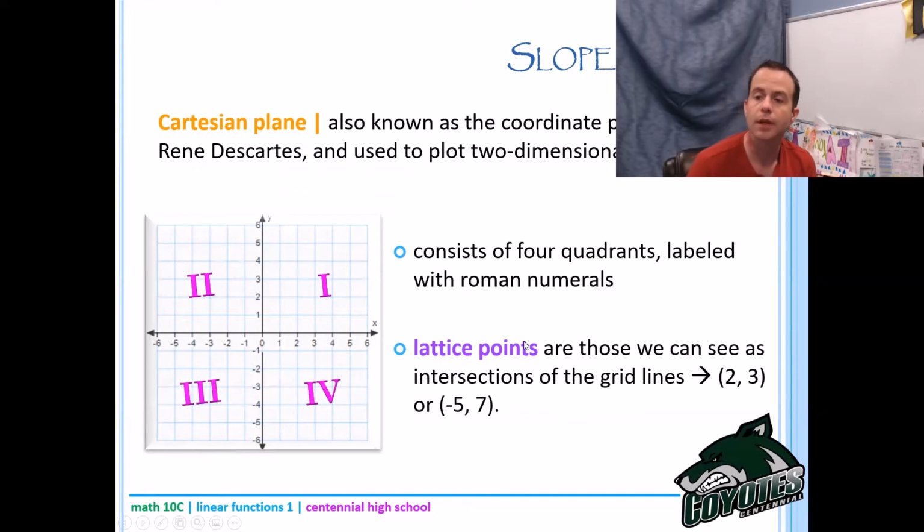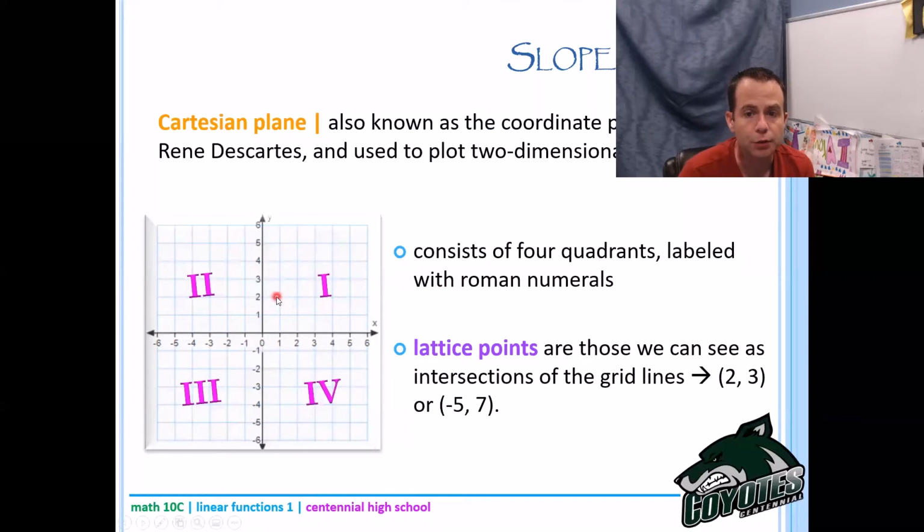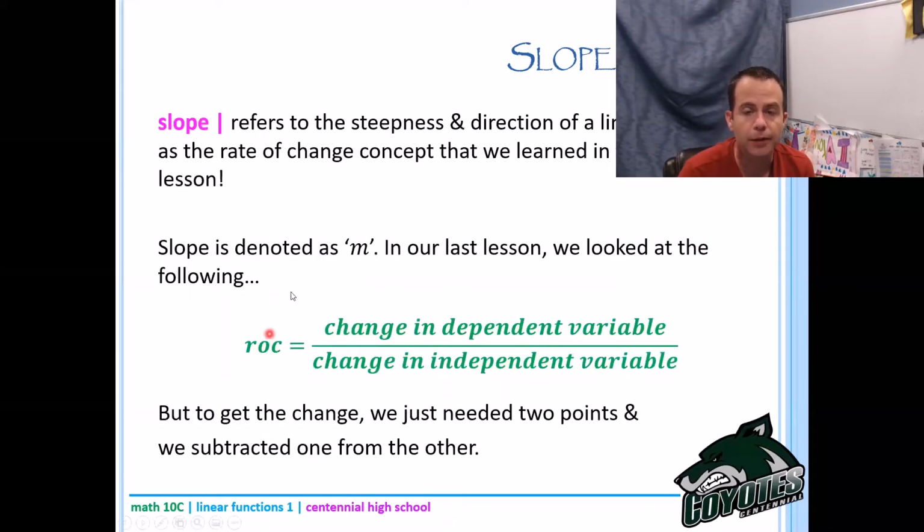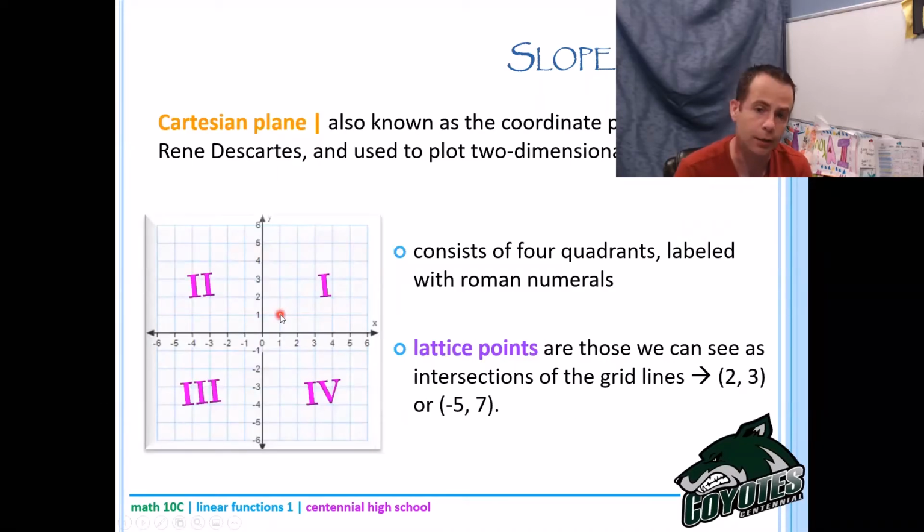Lattice points are those that we can see as intersections on the grid line. So if I put a dot right there, you could say for sure, oh, sorry, apparently that dot will not just stay on the slide for me. I just have to hold it. If I had the dot there, you could say that that's the point 1, 1, okay?